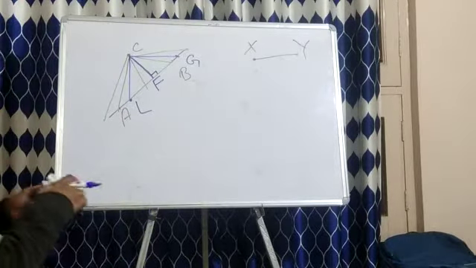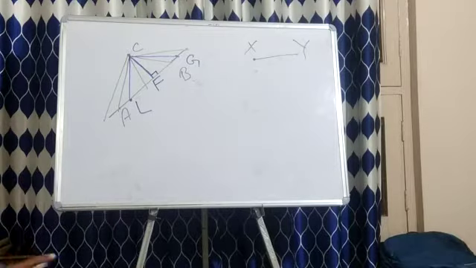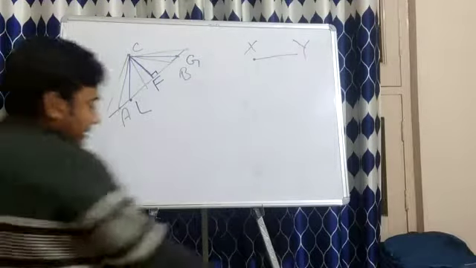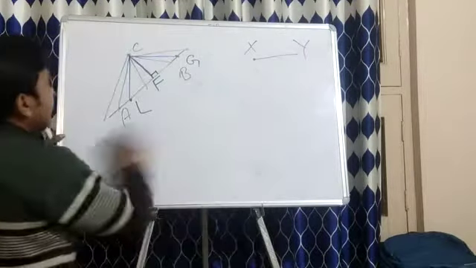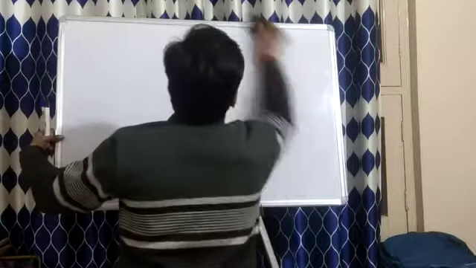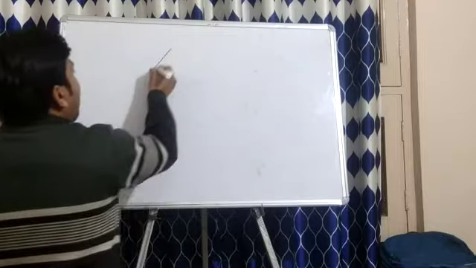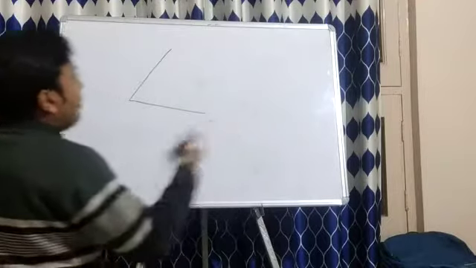Now let's keep this out of the picture and see what an angular bisector is. Suppose I have a line, a ray or segment, whatever name you give.